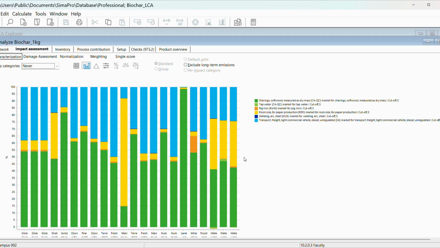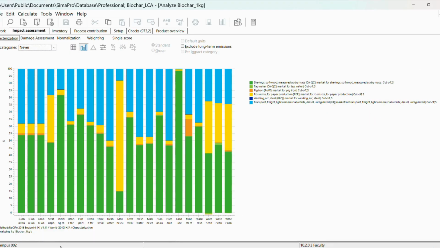So, for example, if you are talking about global warming potential, what we discussed just a few seconds before, that green one is the contribution by firewood. You can see it is a major contributor. Then the second contributor is transport freight, the transportation which we use to transport forest wood up to the site and kiln, and after manufacturing, from the manufacturer up to the site.